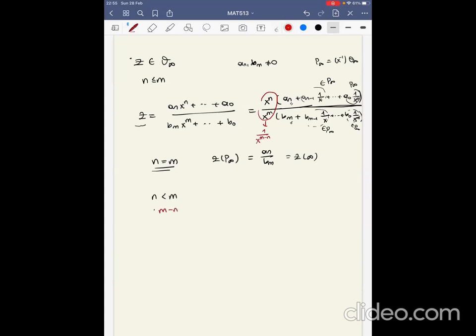Here m minus n is strictly positive, so it contains x inverse in the factorization. That means the whole set lies in P infinity, so this is the zero of the residue class field. This is also consistent with the definition of z of infinity.